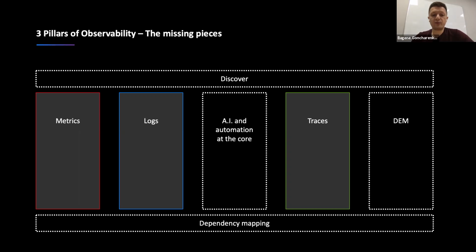Then, if we want to understand how all the things are working together, we need to understand the dependencies. We need to map all the things together with all these fluid architectures. That is the component which is also lacking in this story, and we were thinking about how to add that.